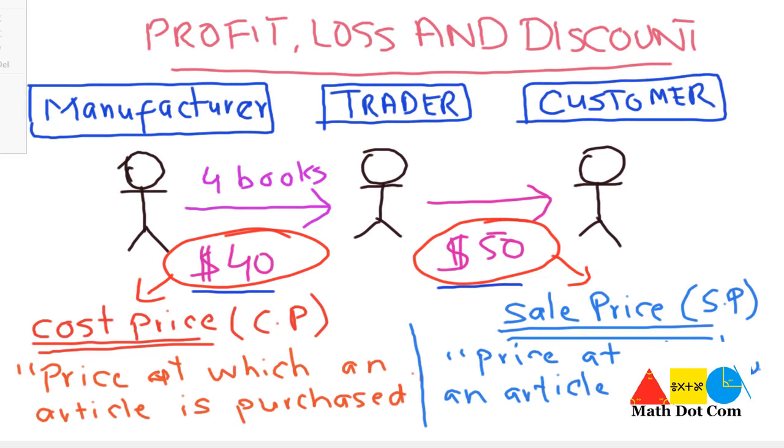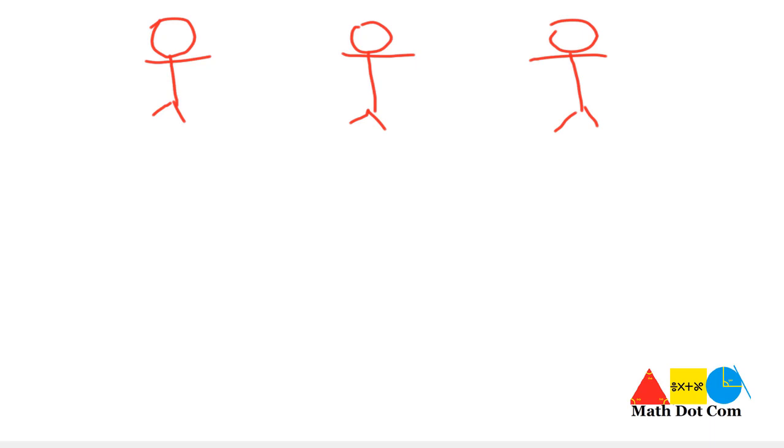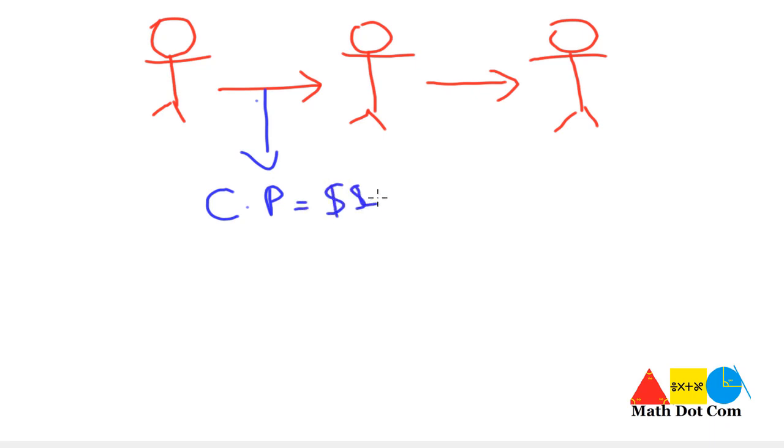Now, on the basis of these, here was the cost price, equal to $40, and here was the sale price, equal to $50, let's say.